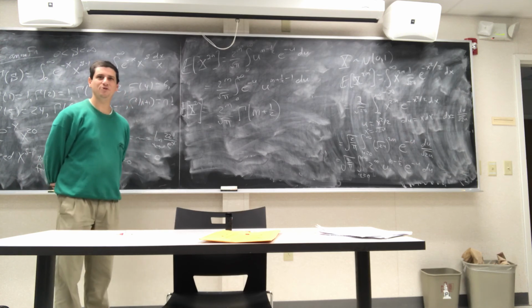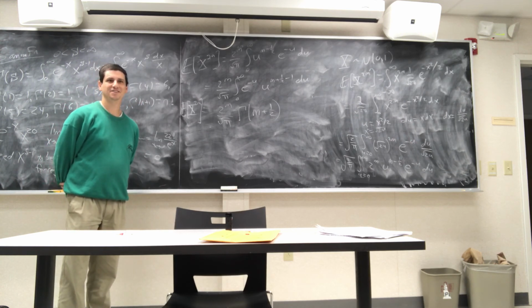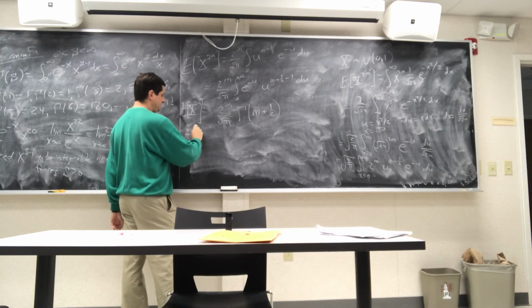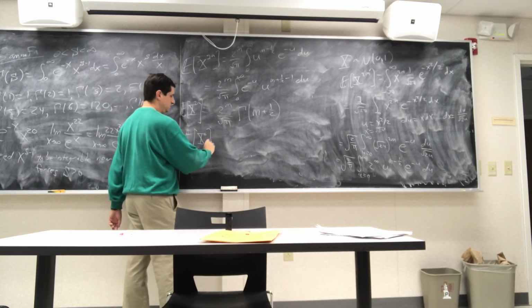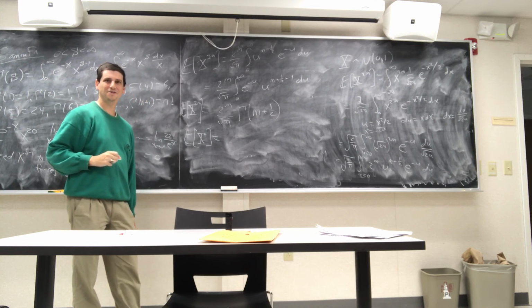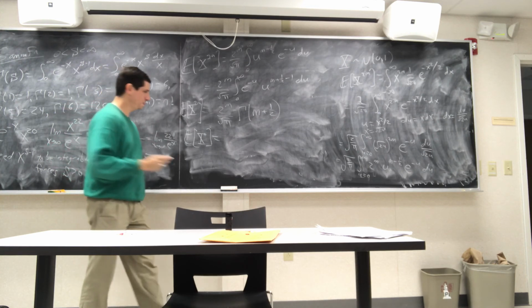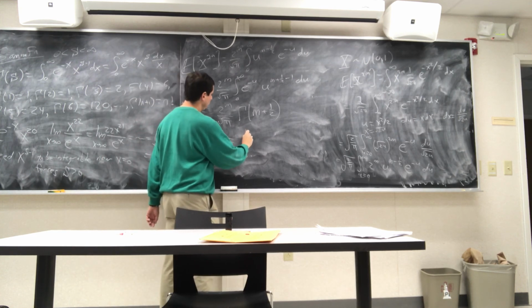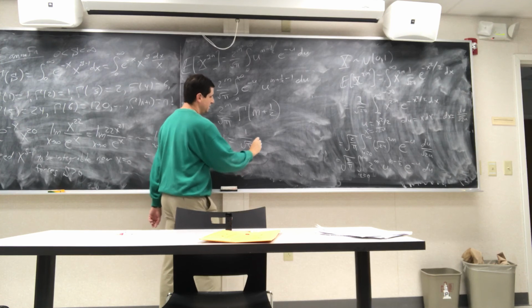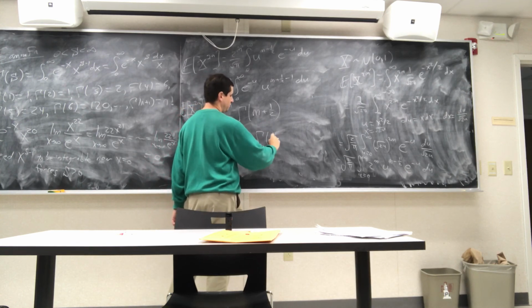What's the most important value of m to take? 0. What's the expected value of x to the 0 if it's a probability distribution? It's just 1. So 1 is equal to 1 divided by square root of pi, gamma of 1/2.